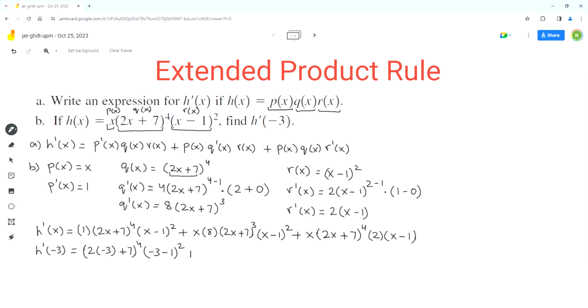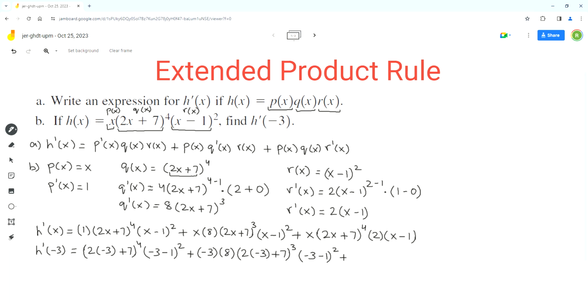Then the second part, plus negative 3 times 8 times (2 times negative 3 plus 7) cubed, times (negative 3 minus 1) squared.